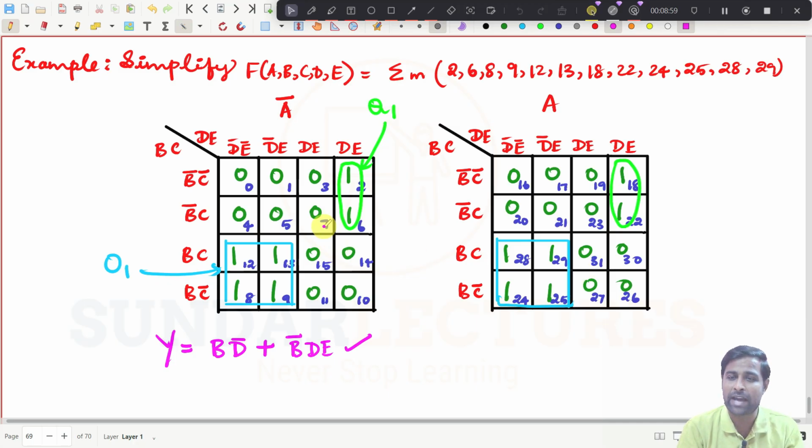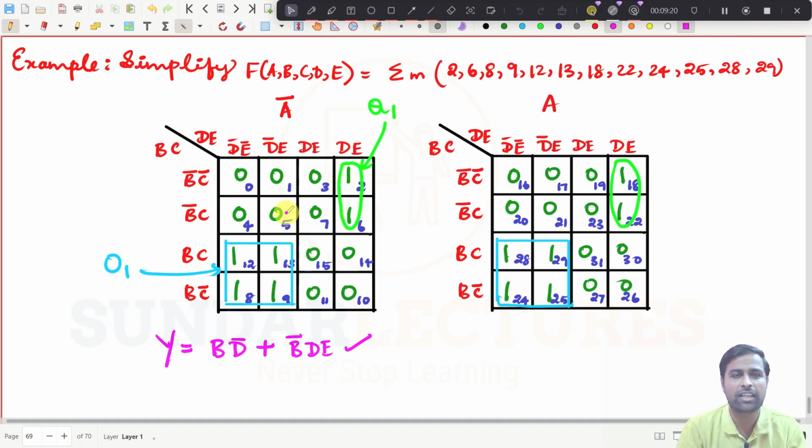Then you have to look for pairs. If the same cells have the pair in the A K map, then you can make it a quad. For example, if this cell is 0, we will take that as an example now, then this is only a pair, not a quad.